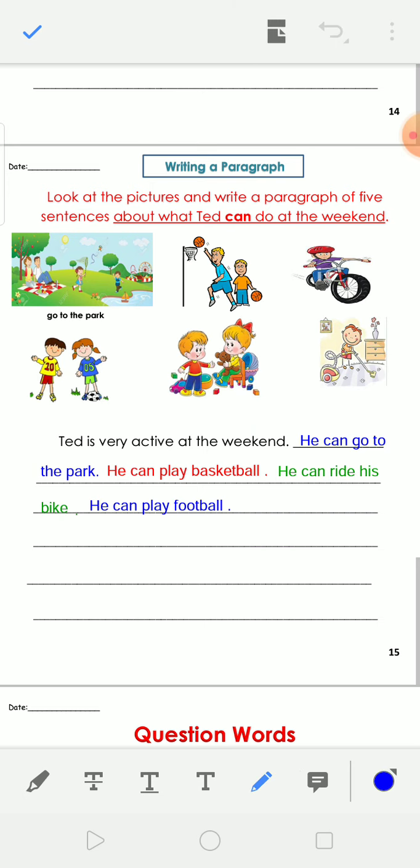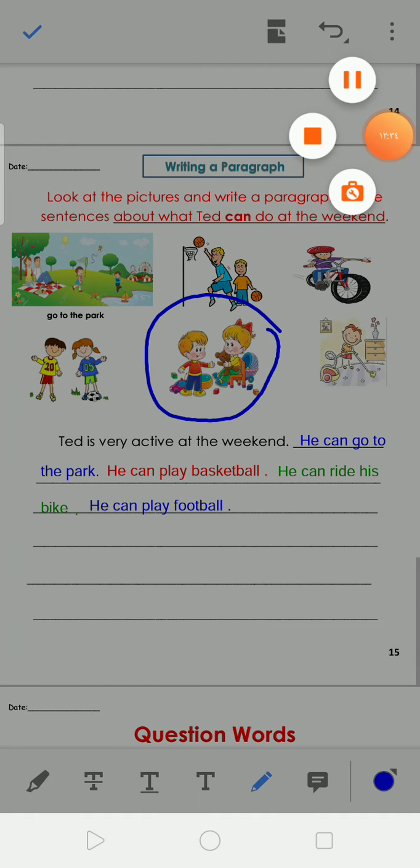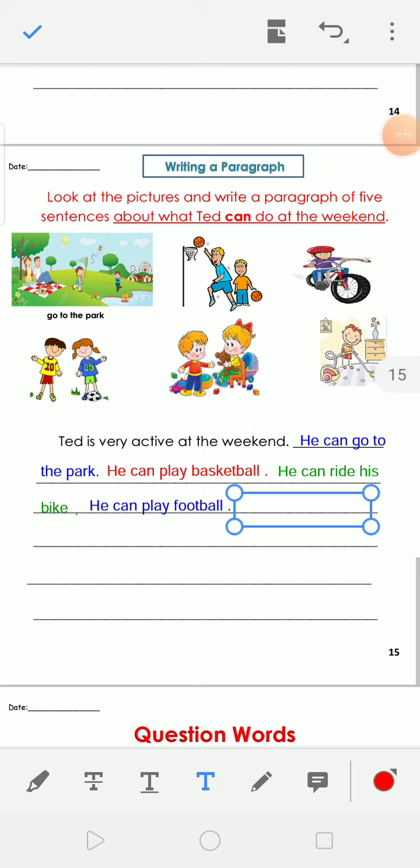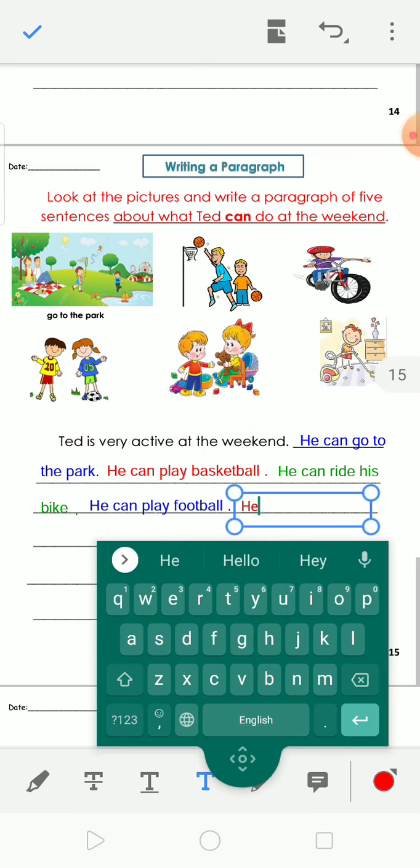Now describe this picture, please. What can Ted do? He can play with his sister. Let's write it together. I still have a space on the same line, so I have to write on it. He can play with his.